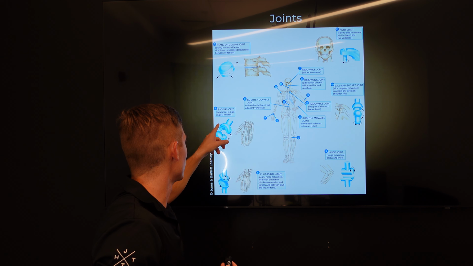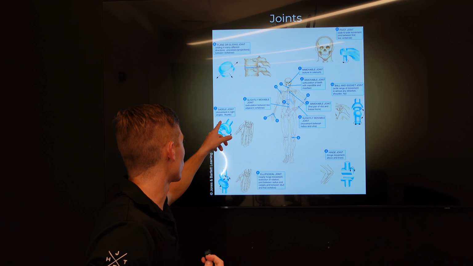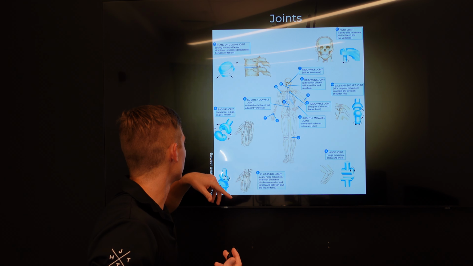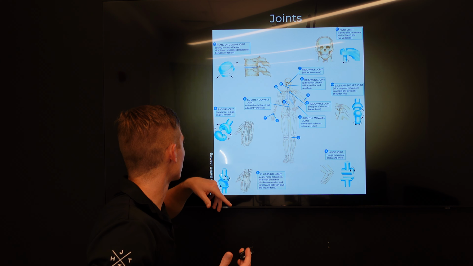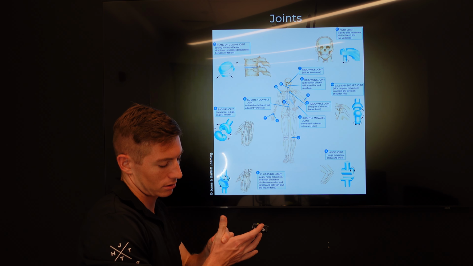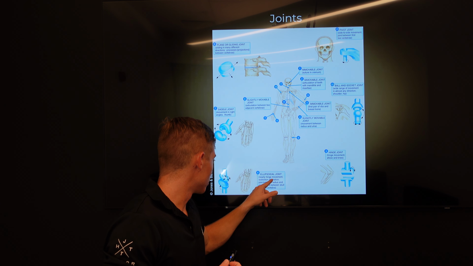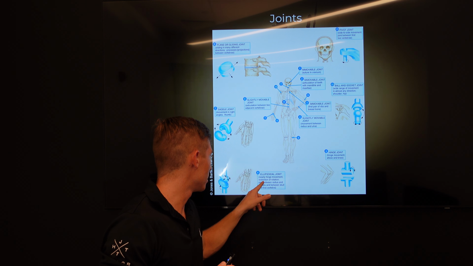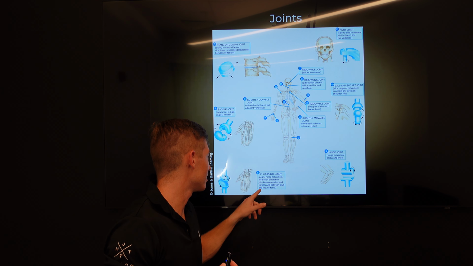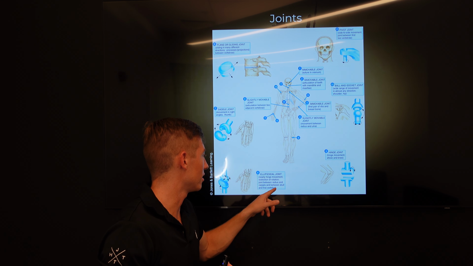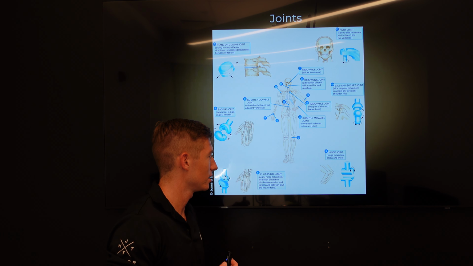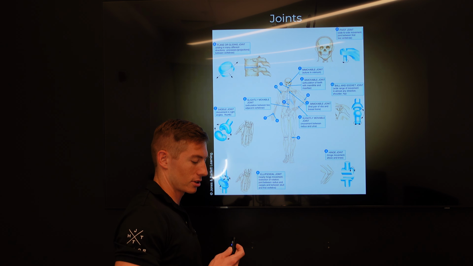Saddle joints, so that is movement in the right angles of the thumb. Ellipsoidal joint, nearly hinge movement, restriction of rotation between the radius and carpals, between the skull and first vertebrae, and then you have your hinge joint, so that would be like your knee.